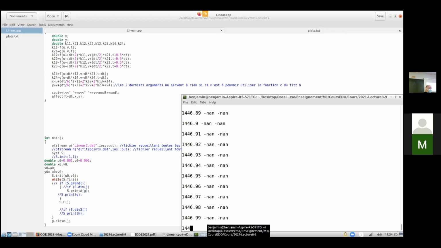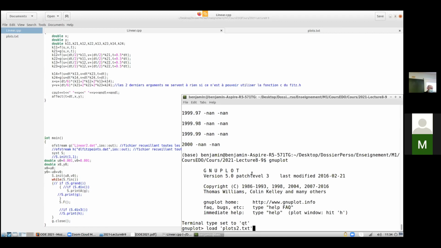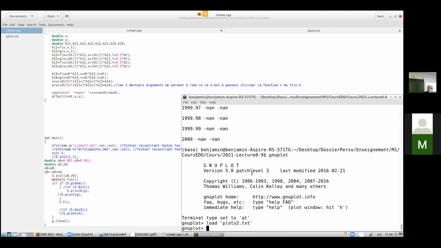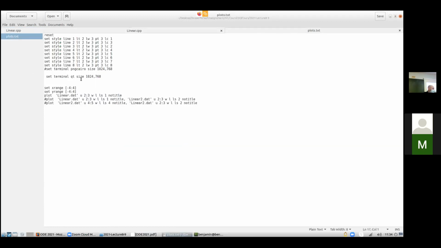So again, not a number, because the numbers are too large, because I have an exponential growth. Now, what I want to plot is a little bit different.